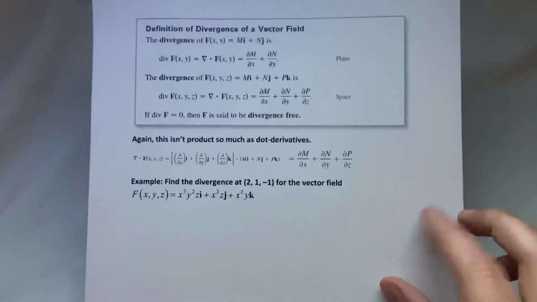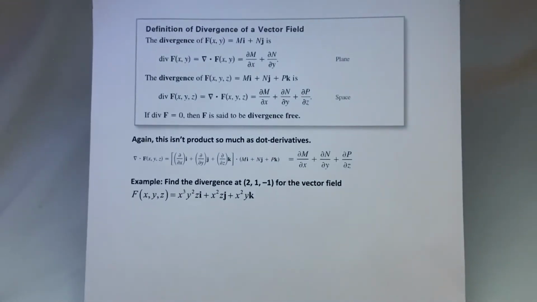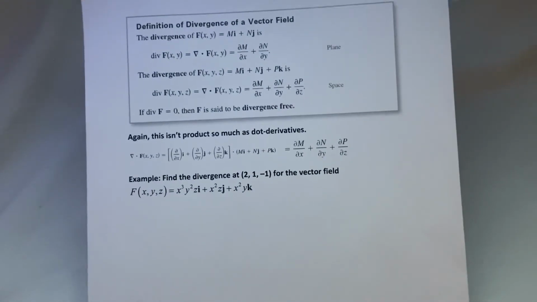So let's define the divergence of a vector field, and then do one problem, and that'll be all for 15.1. The divergence of a vector field f(x, y) equals Mi plus Nj is the dot product of the gradient and f(x, y).